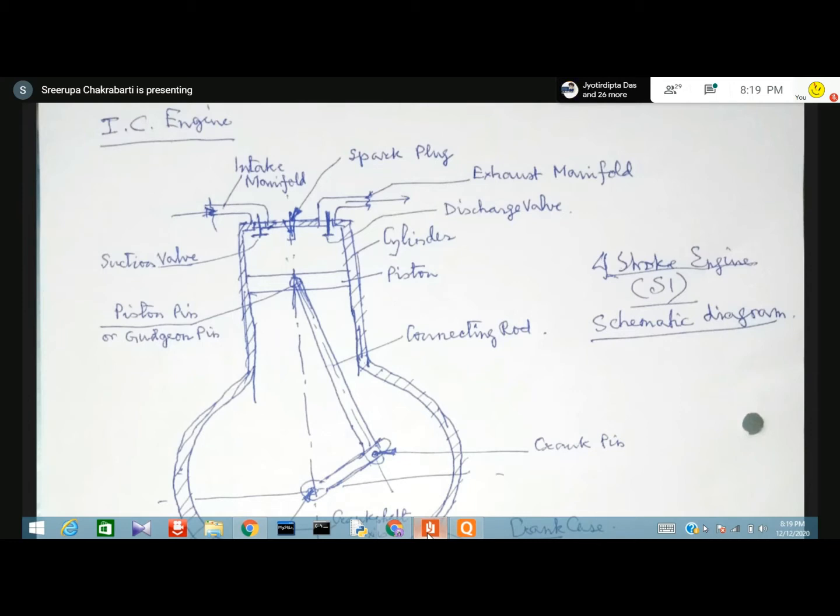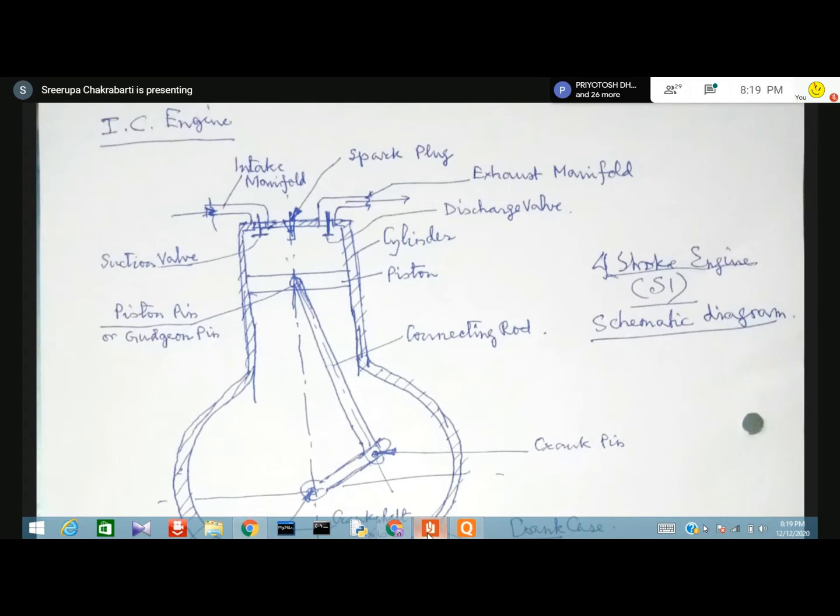That means there are two electrodes, and these two electrodes are separated by a very small gap of air. And these two electrodes are connected to the two terminals of a battery, so that there is a potential difference acting across the two electrodes.